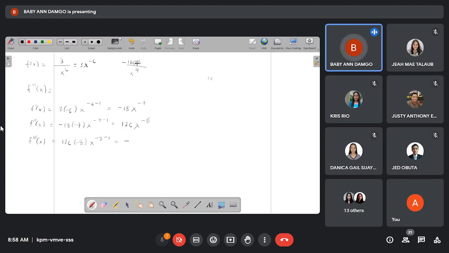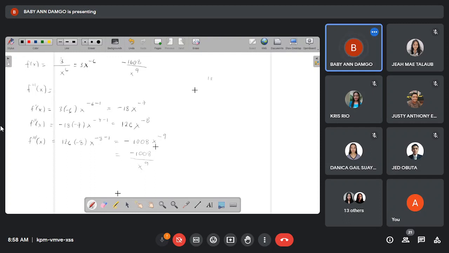Minus 1008. Students? Yes, ma'am. Okay. So, this is minus 1008 x to the power of negative 9, which is equal to negative 1008 over x to the 9.